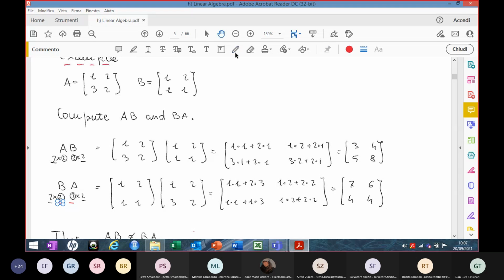For example, guys, before I go on, suppose that A is a 3 times 2 matrix, and suppose that B is a 2 times 3. So, is the product A times B feasible? Yes, this number and this number are equal, so the result is a matrix, call it C, with dimension 3 times 3.